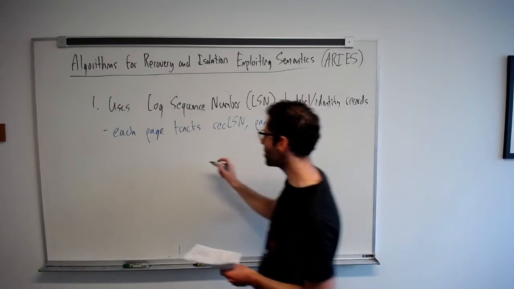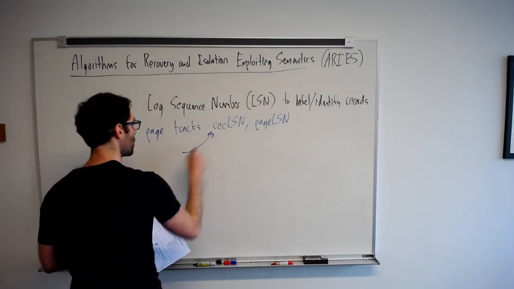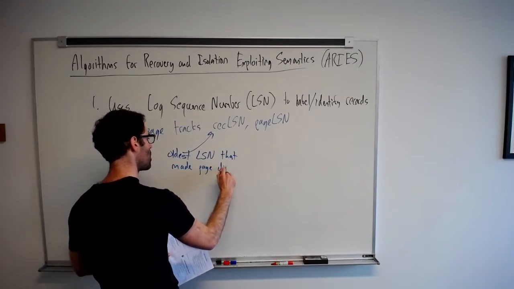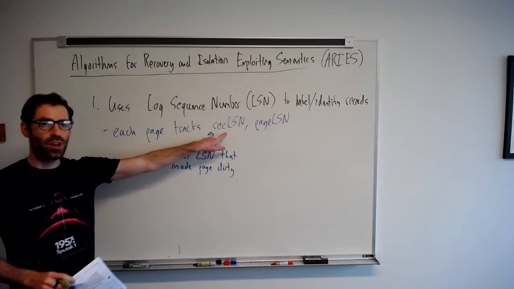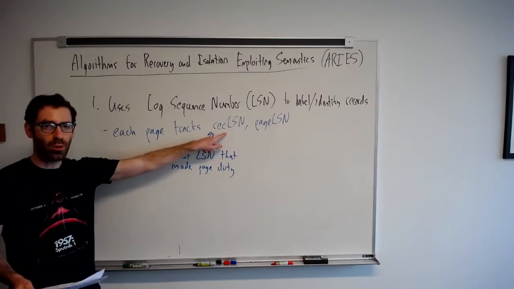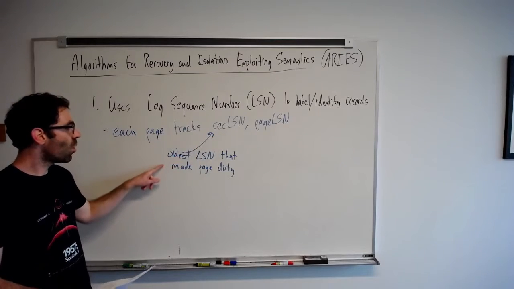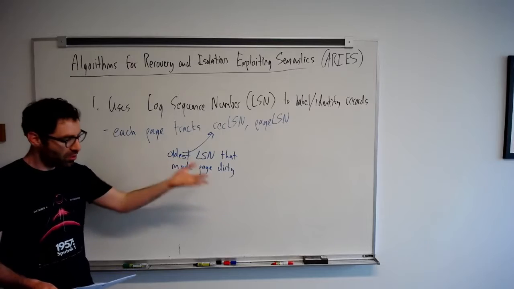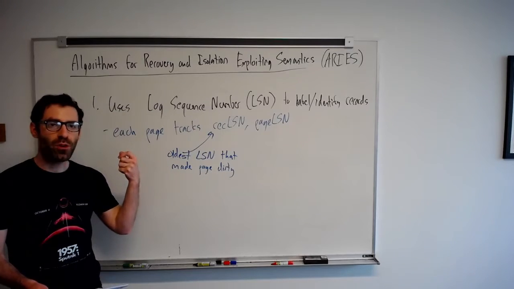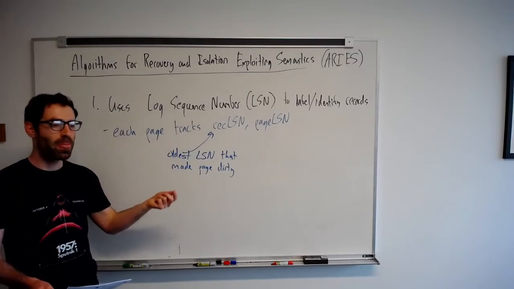Our rec.lsn is only for pages in memory, and it is the oldest log sequence number that made that page dirty. So we bring a page from disk into memory. It's initially clean.